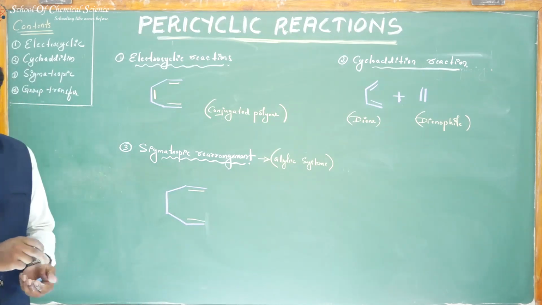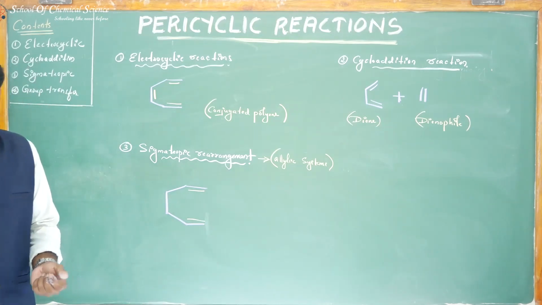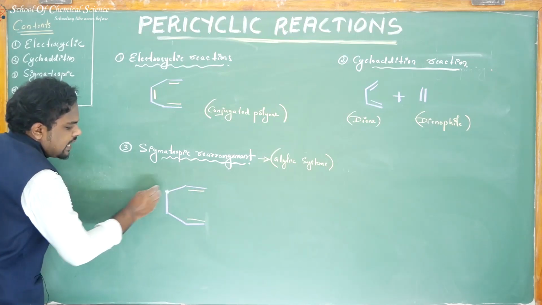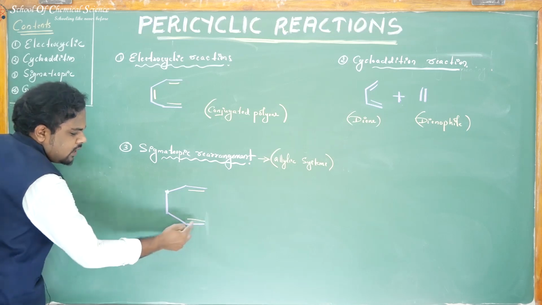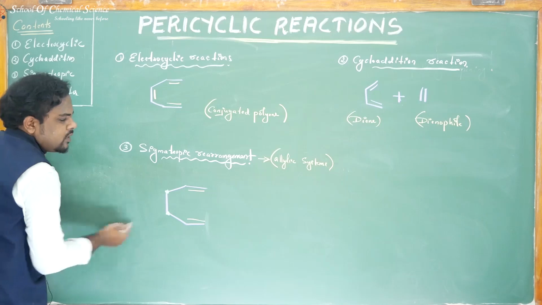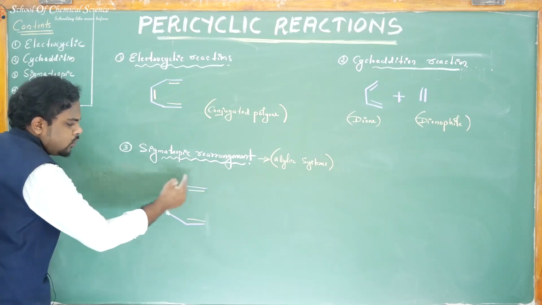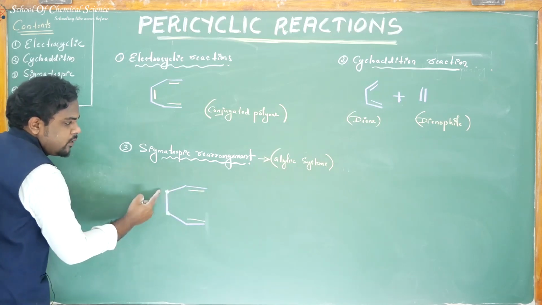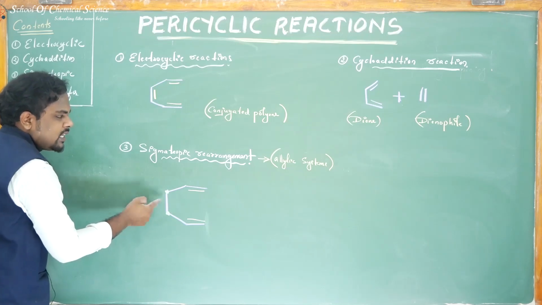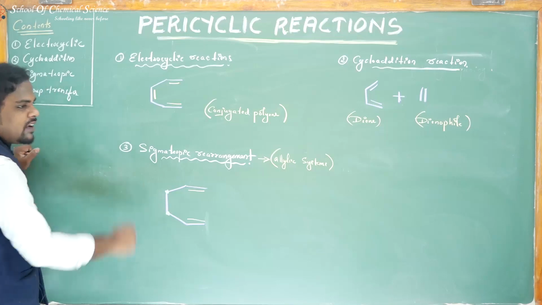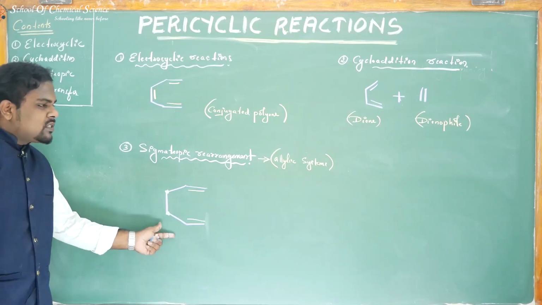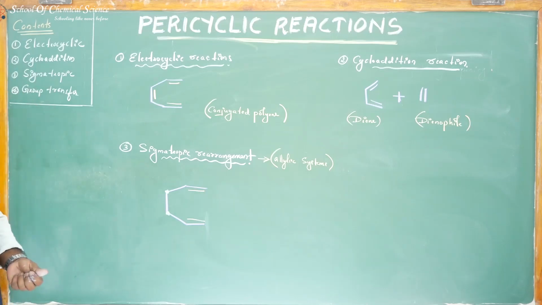The allylic system is the third position from the double bond. Numbering from the double bond, 1, 2, 3. This is an allylic system. 1, 2, 3. This is also an allylic system. So sigmatropic rearrangement is shown by those molecules which have an allylic system. This molecule shows sigmatropic rearrangement because there is an allylic system present.